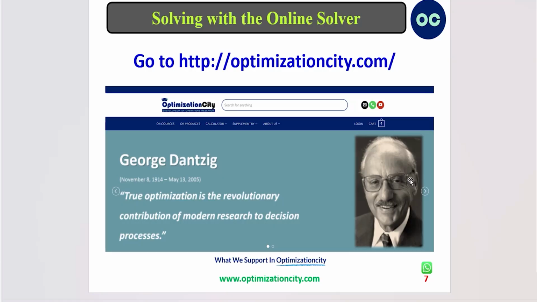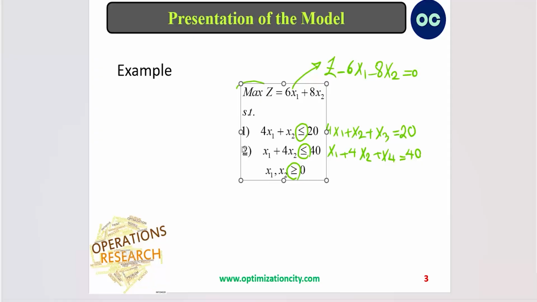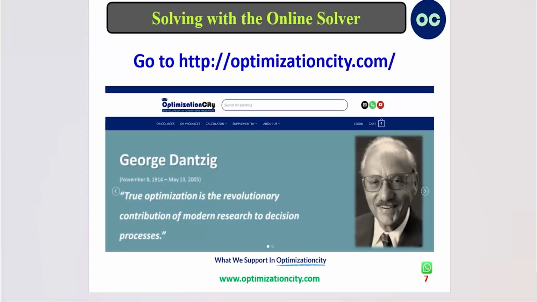Next, let's use the online solver on the website www.optimizationct.com to solve our model. In order to do this, we should do something before. This is the model we have.